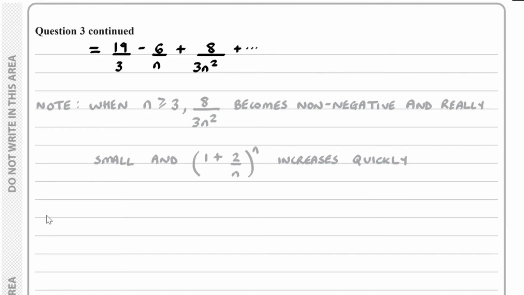And so what we can conclude from this then is (1 + 2/n)^n would be greater or equal to 19 over 3 subtract 6 over n, because this term increases quickly and the other terms here become small and non-negative. And that's exactly what we wanted to show.